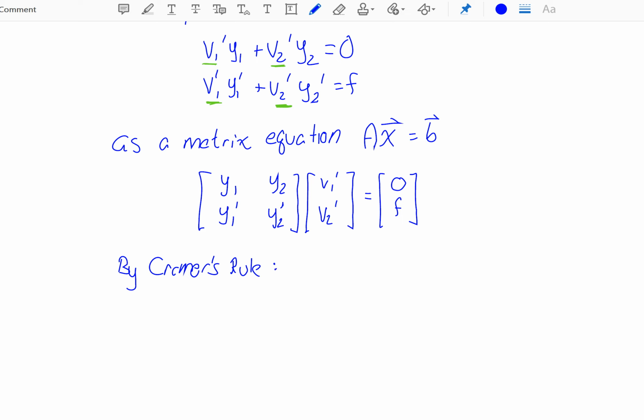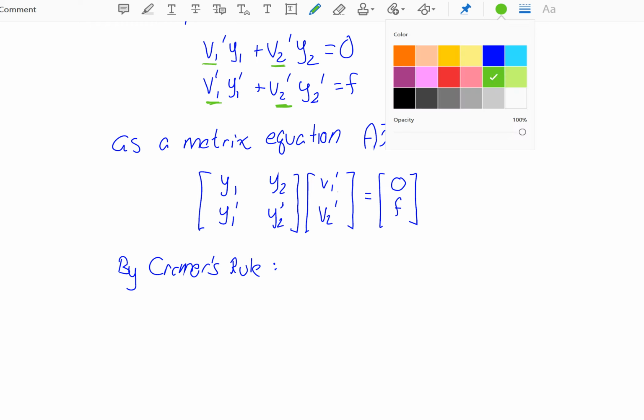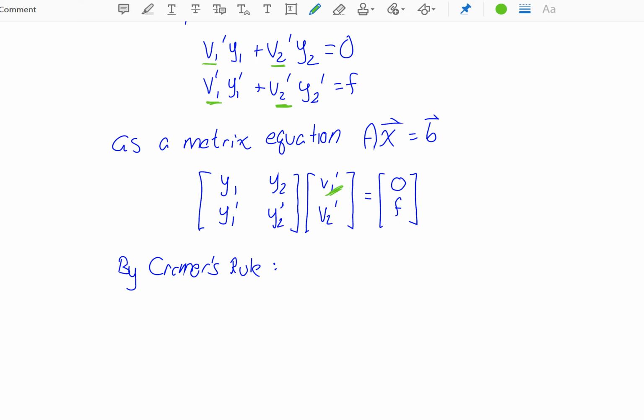Now remember, with Cramer's rule, we can find a value for each of our solutions one at a time. So let's first write a solution for v1 prime. v1 prime, this is going to equal, remember Cramer's rule says it's the division of two determinants.